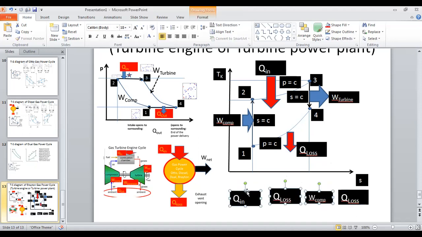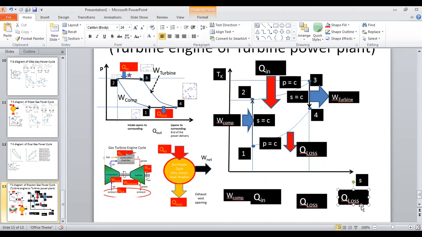And each relates to the processes. So let's say 1 to 2 is W compression. Then 2 to 3 is Q in.